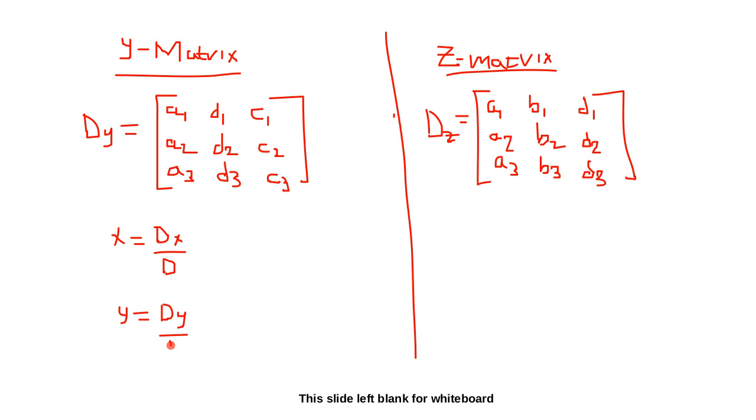And lastly, z will be given by dz, divided by the determinant of the coefficient matrix, which is d. So that is how to go about the Cramer's rule.